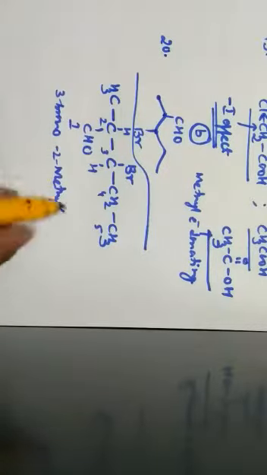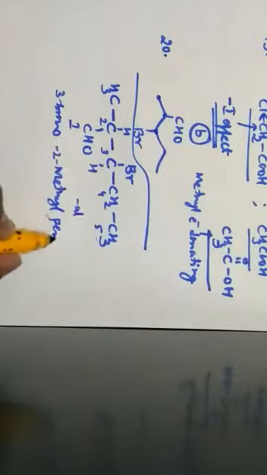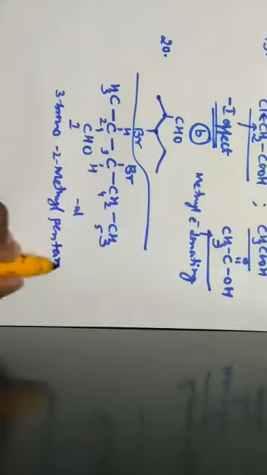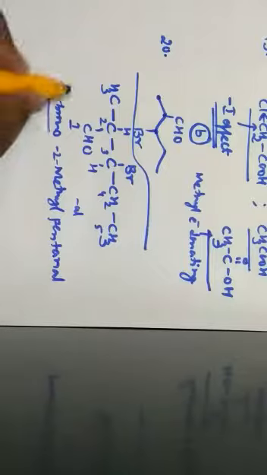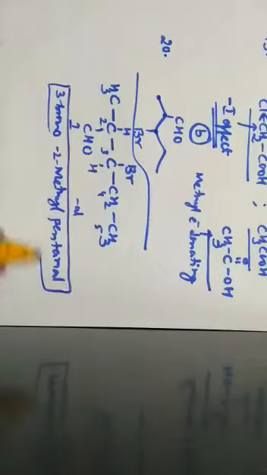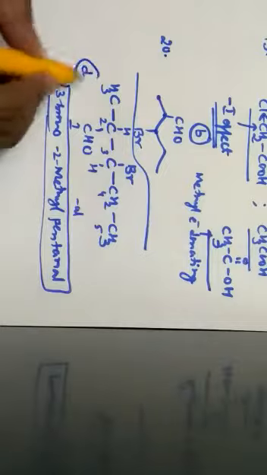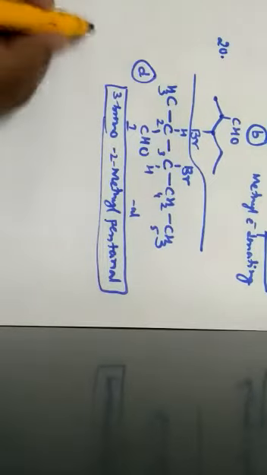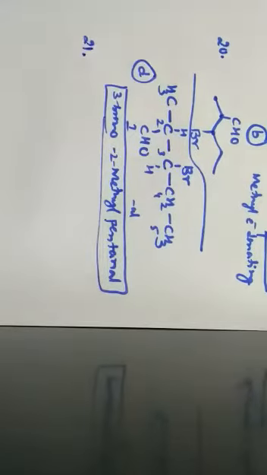The functional group is aldehyde, which is given by the suffix al, hence it is called pentanal. The correct name of the given compound is 3-bromo-2-methylpentanal, which is given by option D.